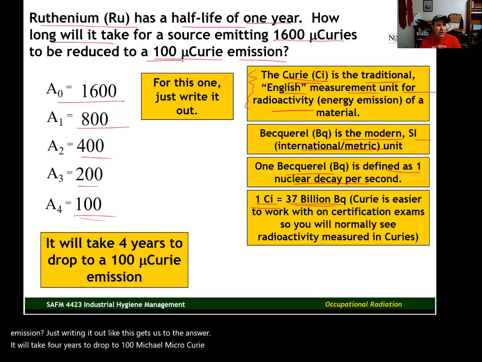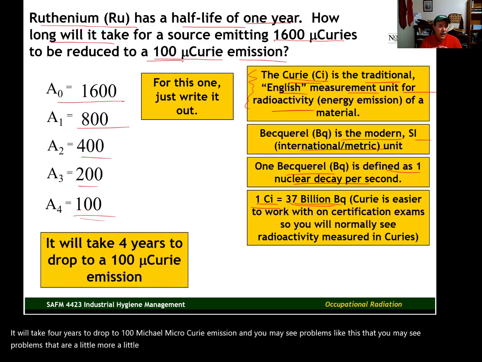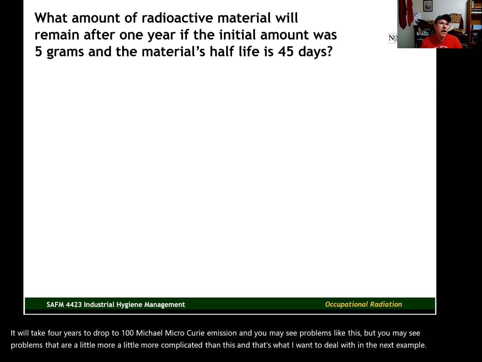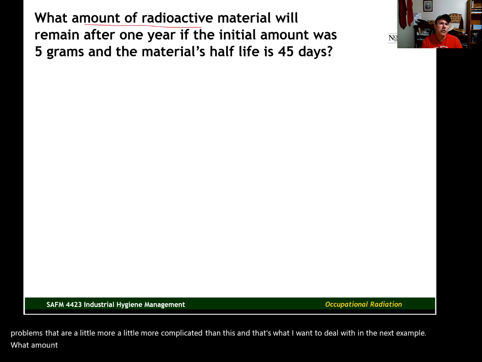And you may see problems like this, but you may see problems that are a little more complicated than this. And that's what I want to deal with in the next example. What amount of radioactive material will remain after 1 year if the initial amount was 5 grams? There was 5 grams of radioactive material.